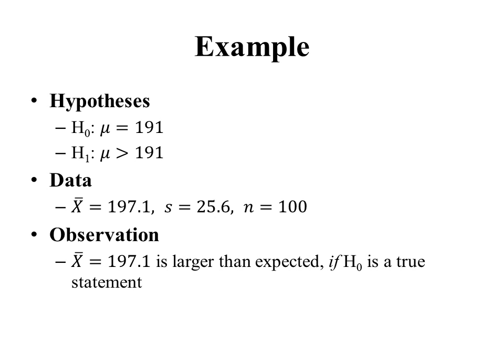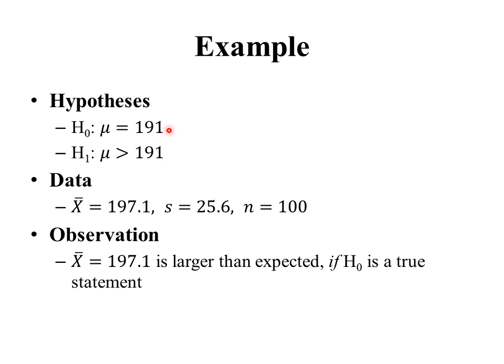Now let's make an observation. This observed sample mean of 197.1 is larger than expected if the null hypothesis is a true statement. Now, these two hypotheses we could think of as competing mathematical statements. For the sake of argument, we're going to assume that the null hypothesis is a true statement.